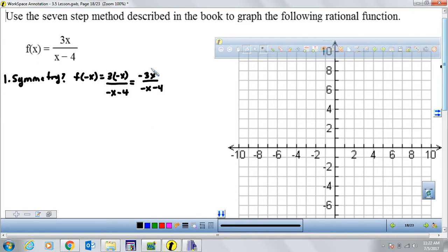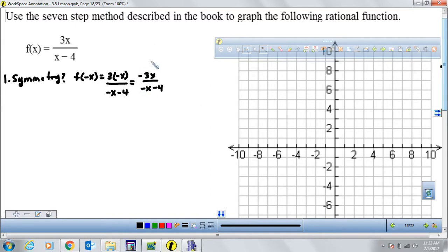Now, you see that the numerator changed the sign, but also the denominator partially changed the sign. So it did not stay the same as this function. So this function does not have y-axis symmetry because they are not the same. Also, not only the numerator changed the sign, but only partially the denominator changed the sign.